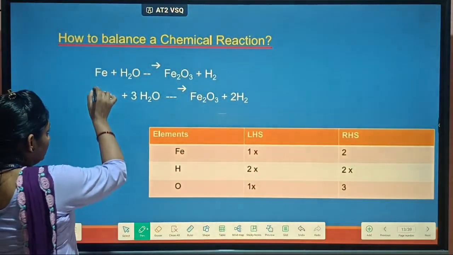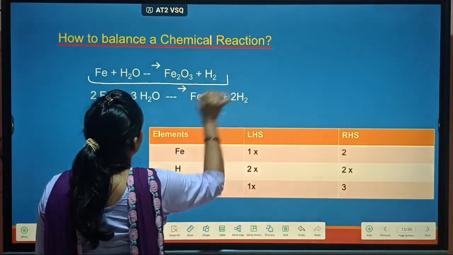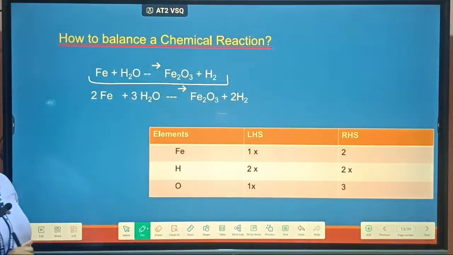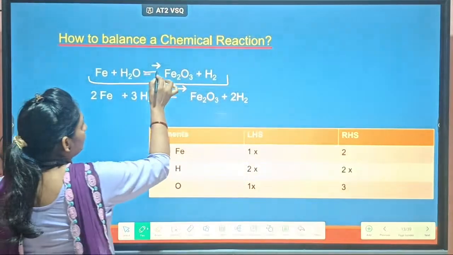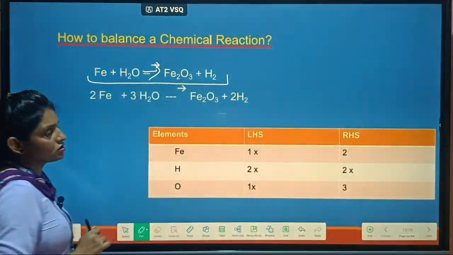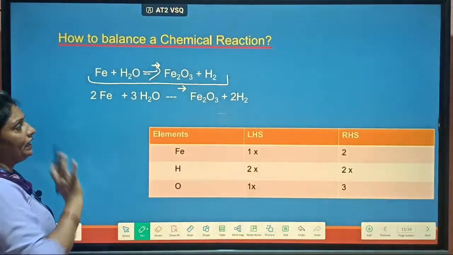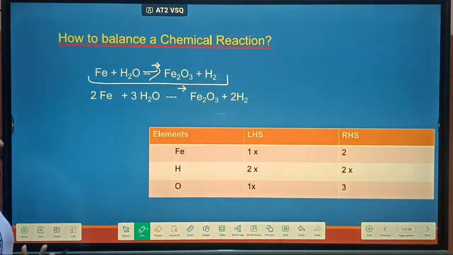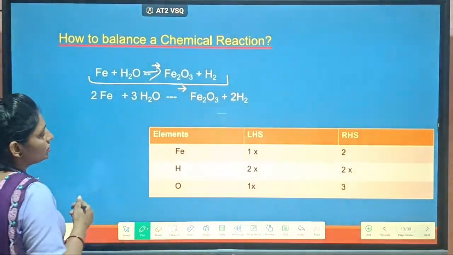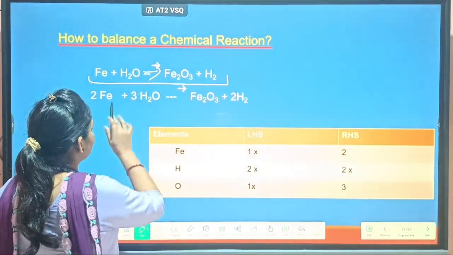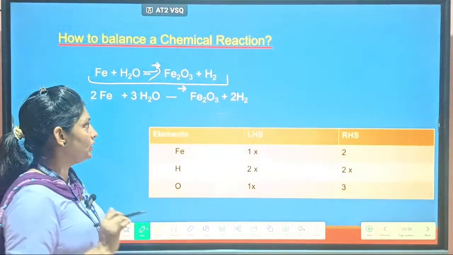If we have a chemical equation, Fe plus H2O gives us Fe2O3 and H2, we need to balance this chemical equation. How can we do it? First of all, students, you will write only the symbols.